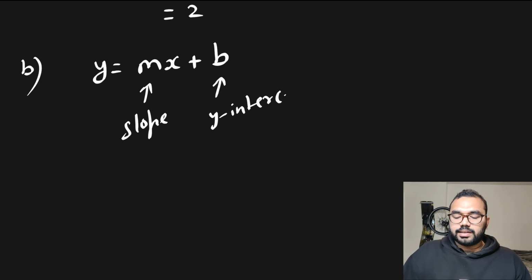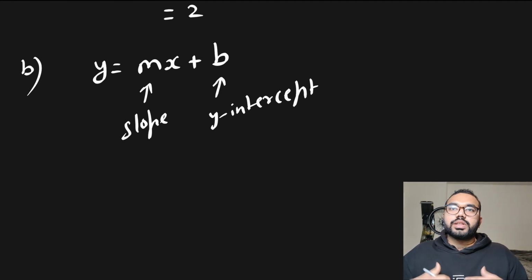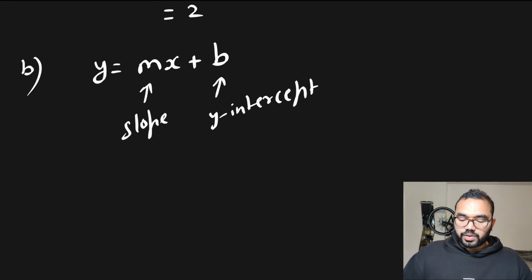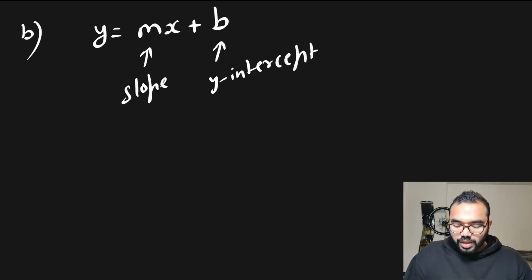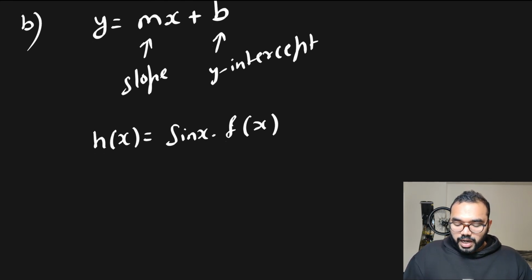So in calculus, the slope of the tangent line is equal to the first derivative, right? We have h of x is sin x times f of x, that is our curve equation, and h prime of x.